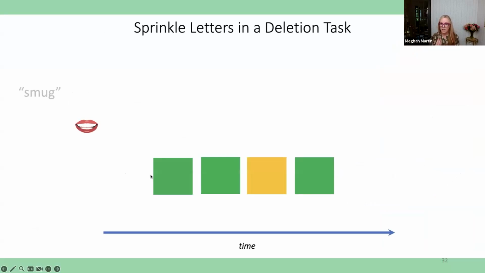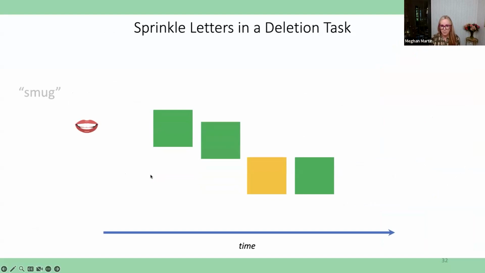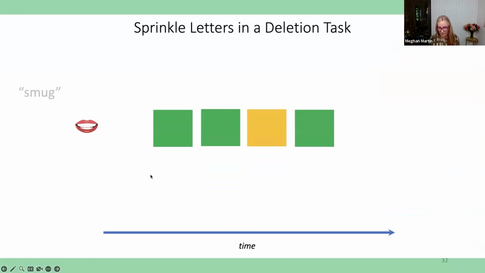So here again, as the interventionist, I'm going to say the word, say smug. The student's going to repeat smug. Segment. Good. Sound while touching. Smug. Now, what would the word be without the s sound?